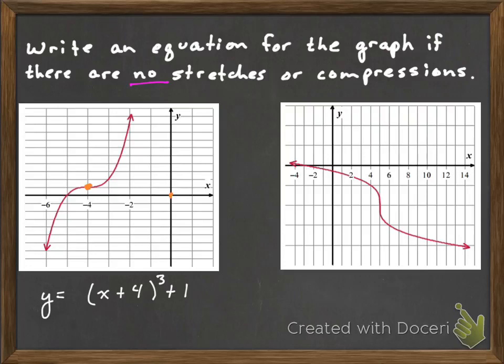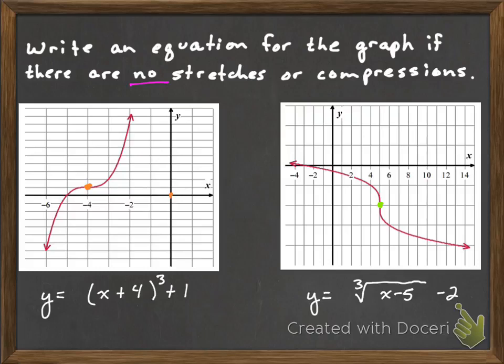And then the next one, the point that we're transforming is right here. That is shifted to the right 5, and this is a cube root graph. And so we're going to have x minus 5, shifted down 2 units, so minus 2.